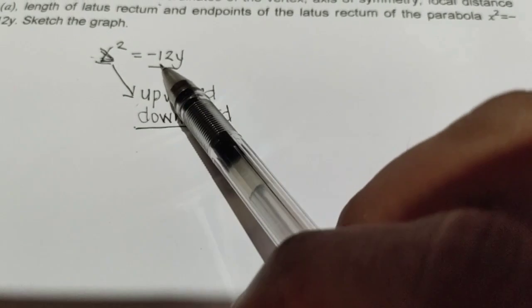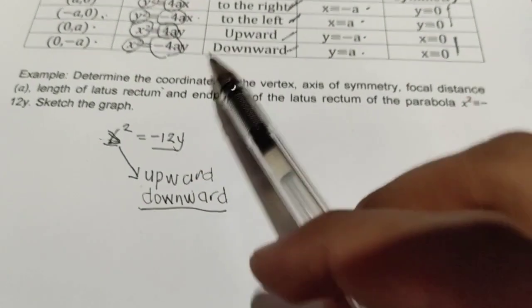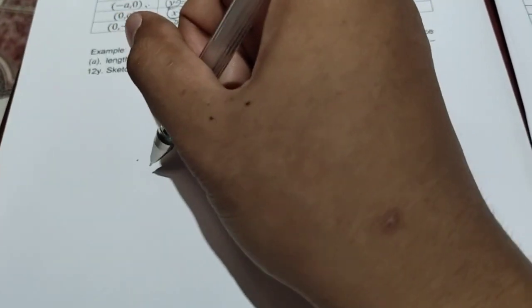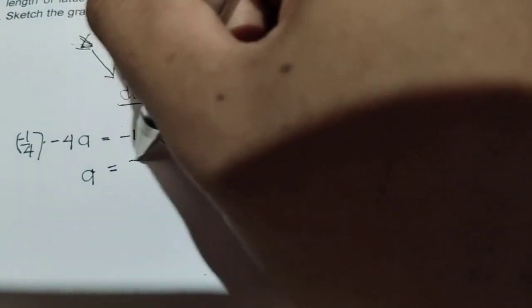To get the focal distance a, we equate negative 12 to negative 4a. So negative 4a is equal to negative 12. We multiply both sides by negative 1/4, then we have a is equal to 3.